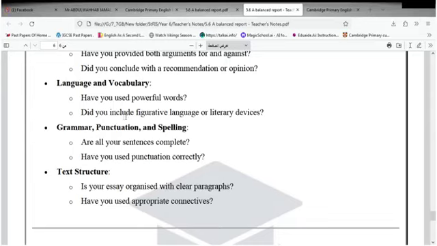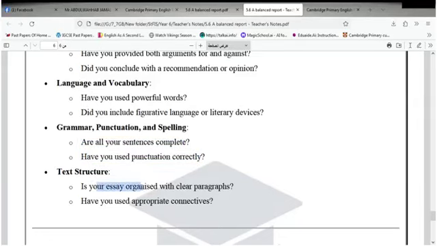I know that it is non-fiction, but because it is argumentative writing, you can use some onomatopoeia, similes, personification, hyperbole, no problem. It is okay to show your point of view. Are all your sentences complete? Have you used punctuation clearly?